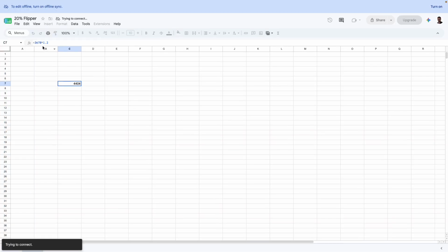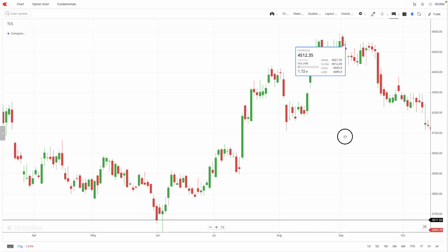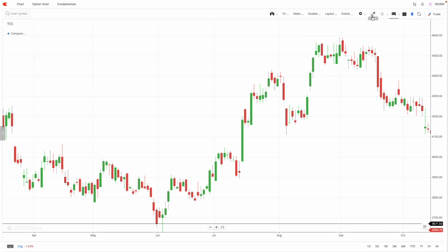What we can do is put here 3670 and the 20% of that. So I want the stock to move above 4404 if I need to consider it for buying. Let's go ahead and mark another line. That's the entry that I will be looking at.